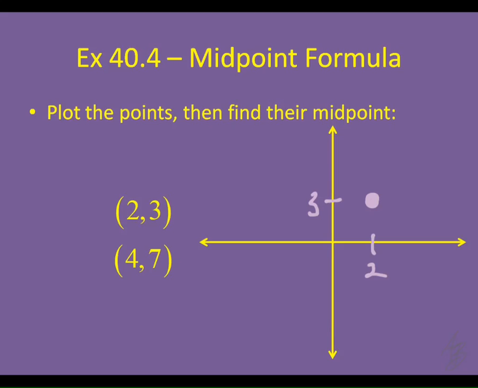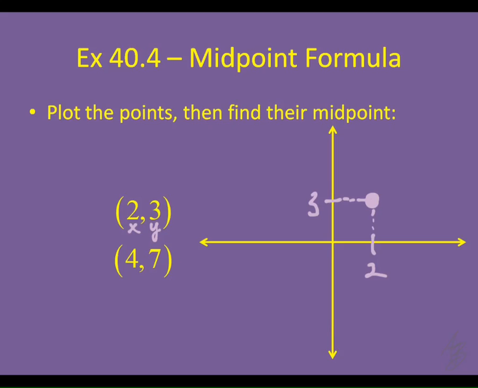Okay, so the 2 here tells me that we're going to go to 2 on the x-axis, and the 3 tells me we're going to go to 3 on the y-axis. So 2 on the x-axis is here, 3 on the y-axis is here. So if I go straight up from the 2 on the x-axis, and if I go straight over from the 3 on the y-axis, I get my point 2, 3.